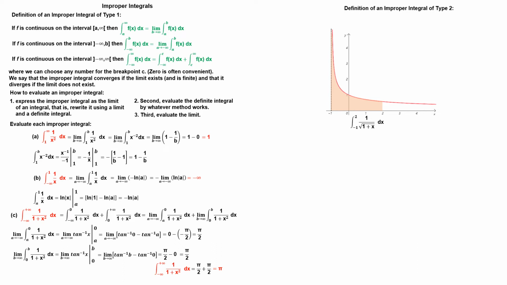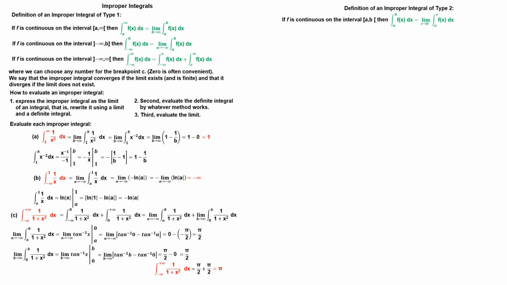Improper integrals of this type are defined as one-sided limits, and they are called improper integrals of type 2. Just as there are three cases of improper integrals of type 1, there are also three cases of improper integrals of type 2. The first case is defined as follows.